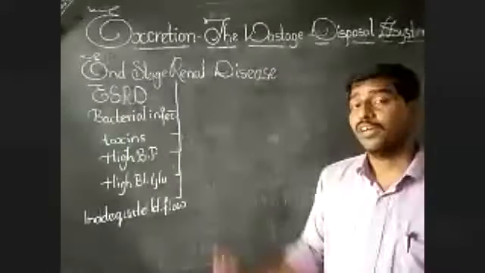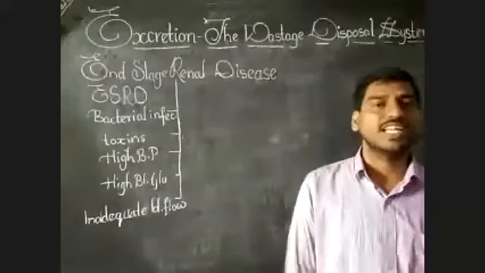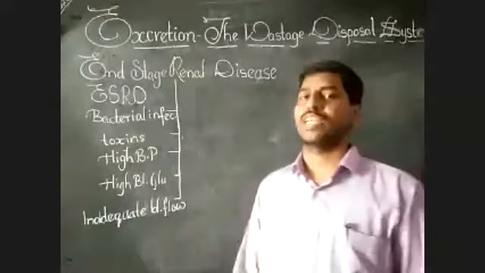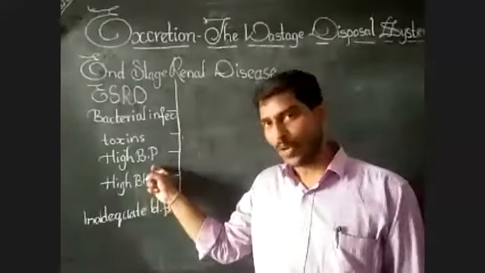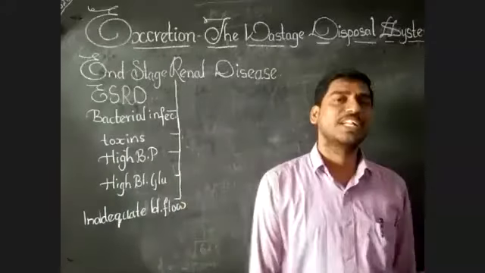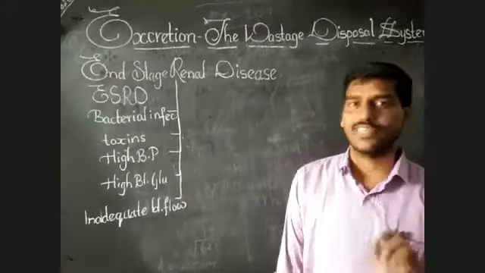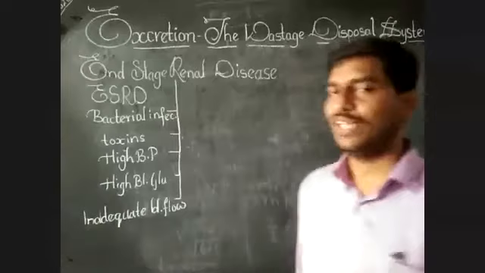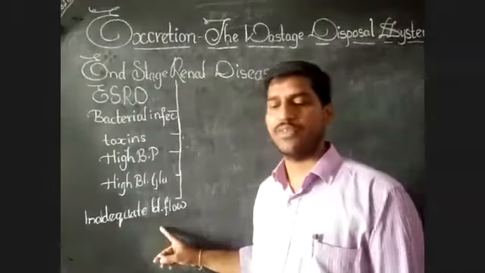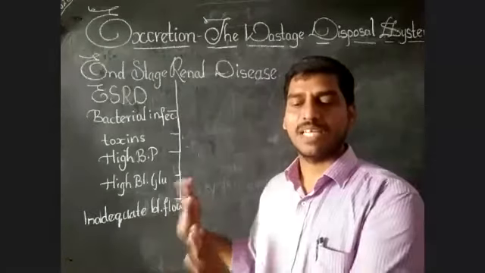So for the proper functioning of kidneys, we need to drink a sufficient amount of water. If we drink more, it will be a problem. If we drink less, it will also be a problem. So inadequate blood flow also damages the kidney.